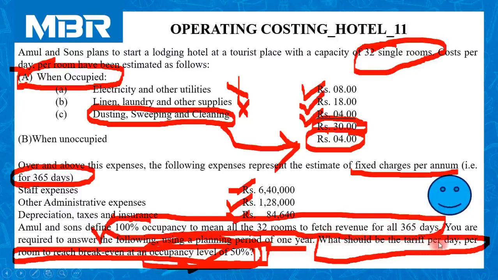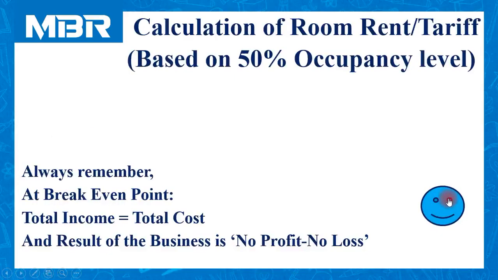What should be the tariff per day per room to reach break even at an occupancy level of 50%. So here we have to calculate total cost and total revenue at 50% occupancy level. Now, on the basis of break-even point, we have decided that total income equals total cost, and there is no profit, no loss in this business.